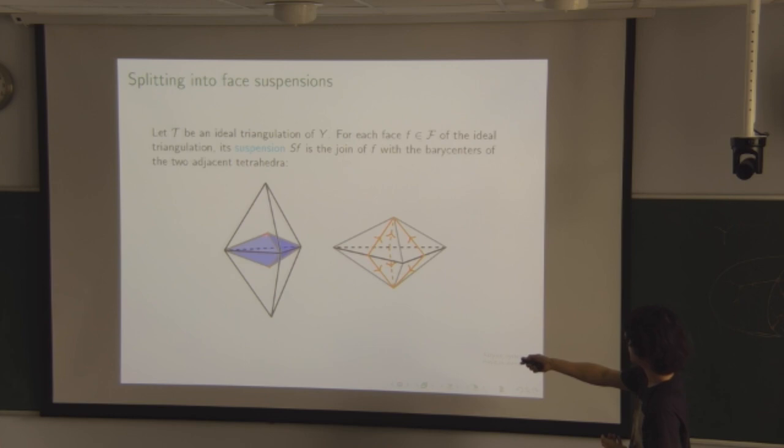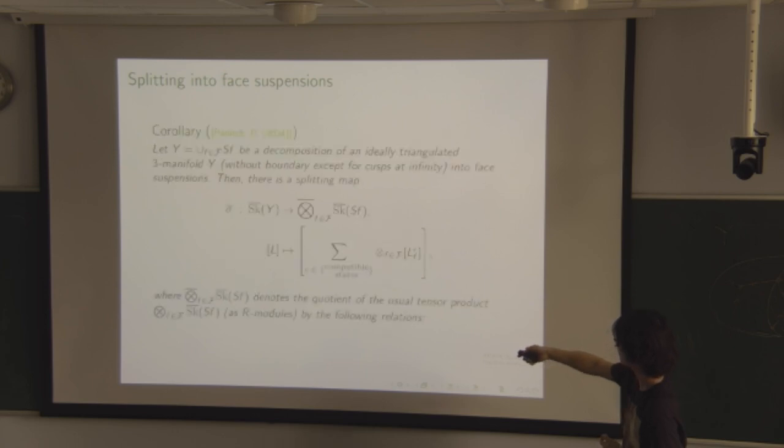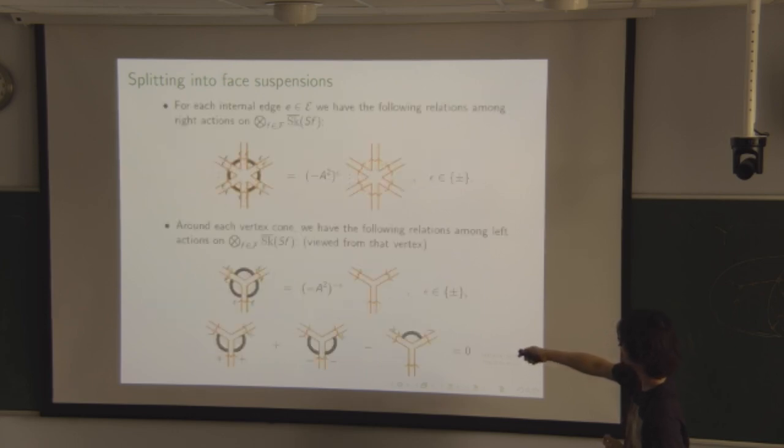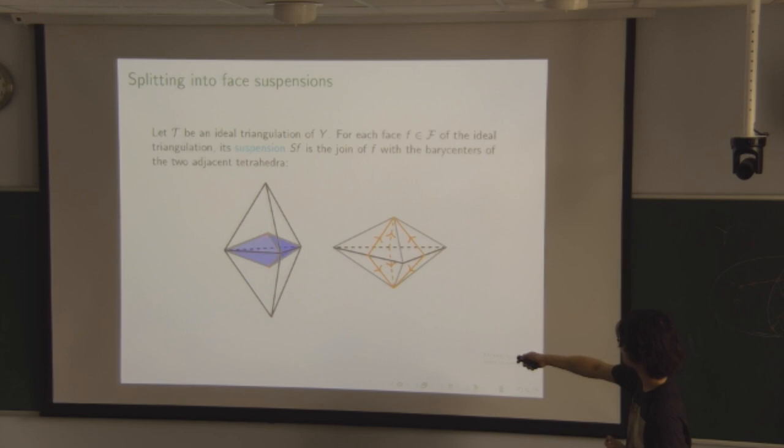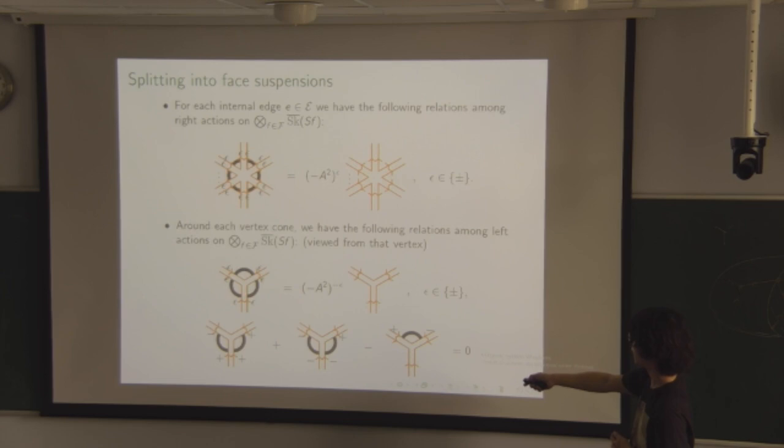And likewise, around the barycenter, or more precisely, around each line connecting a vertex and a barycenter, what we call a vertex cone. Around each vertex cone, we have 3 phase suspensions glued around the vertex cone. And there we have some extra relations.